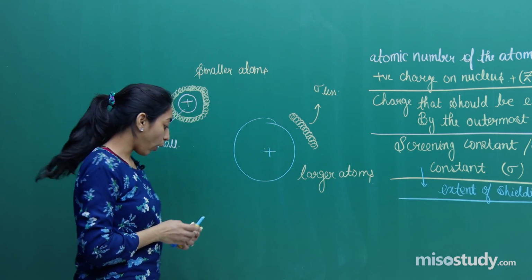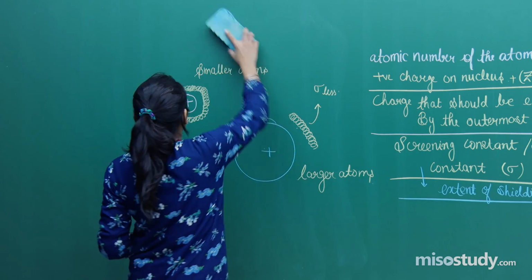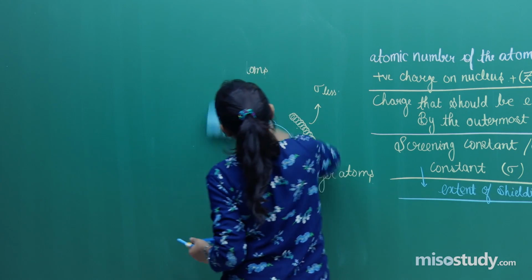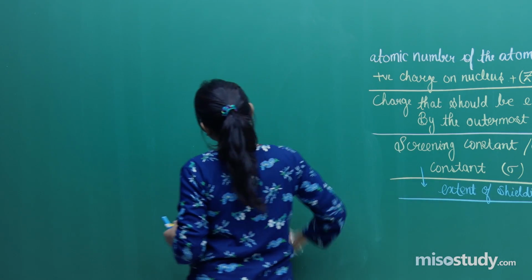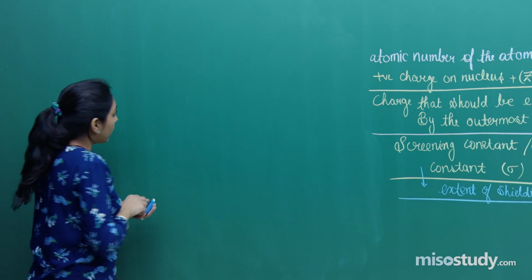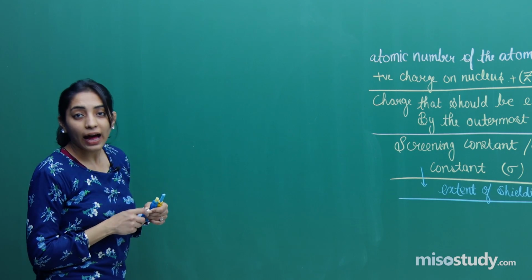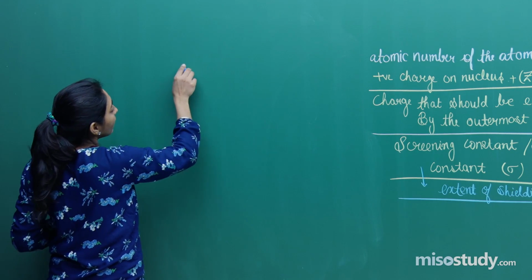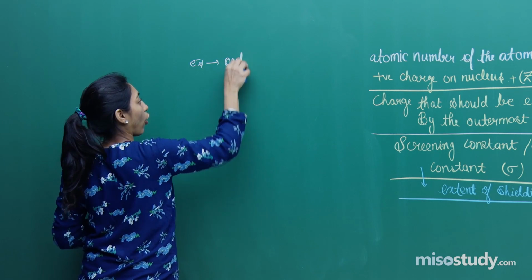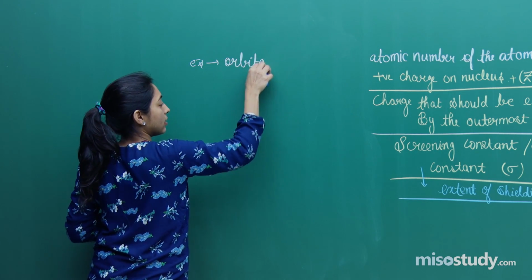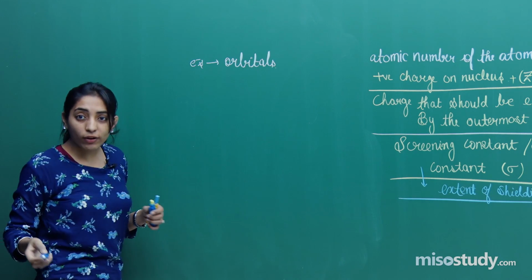Okay, now listen to me for one more minute. Now see, we have done that electrons are there in orbitals, right? So what were orbitals?